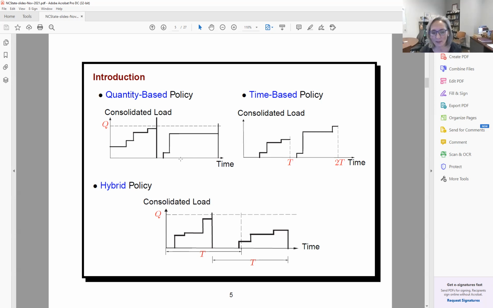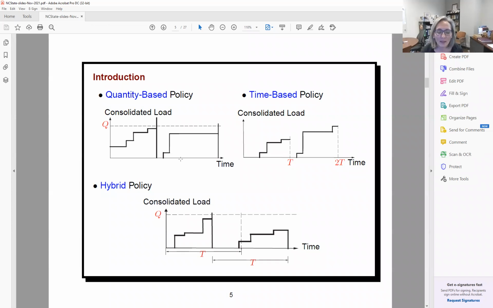Under a hybrid policy, the goal is to consolidate a critical load of size Q and then release it by the time T. If, however, such a load does not accumulate within time period T, you release whatever the consolidated load is at that time.